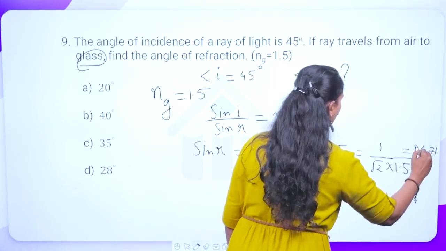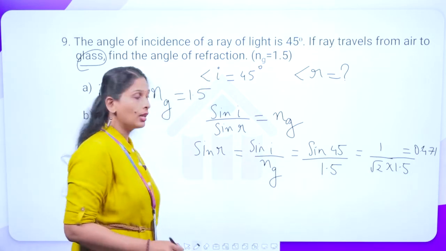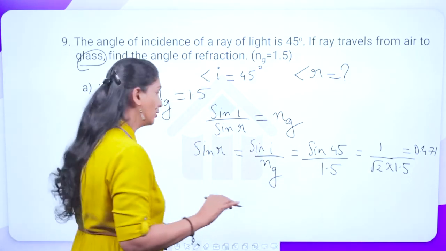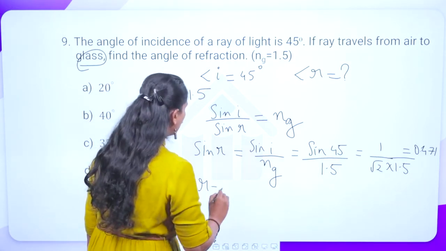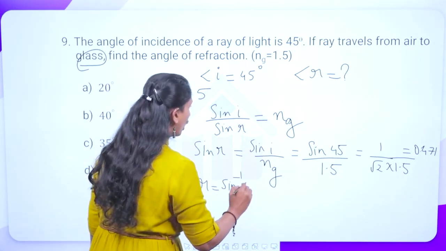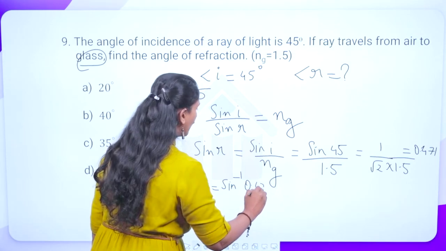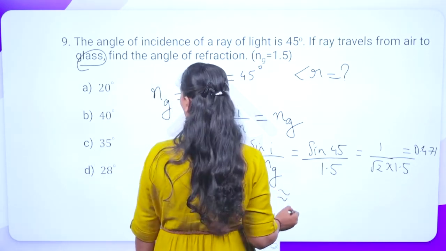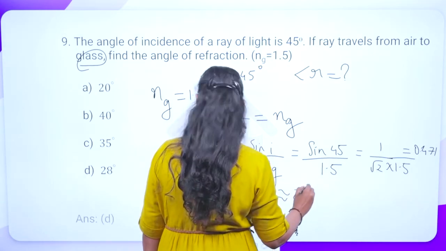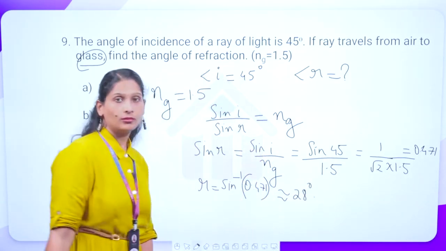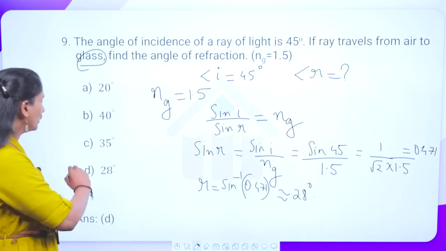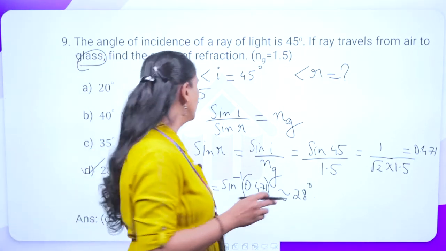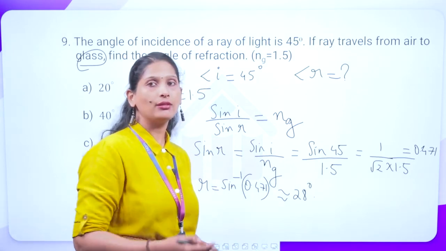So that will be the value you are getting. And that is sine R, and you want R, the angle of refraction, right? So that will be sine inverse of 0.471. So that will be approximately around 28 degree. That was a random value. For your numericals, it will be standard values. Because the sine value will be like sine 30, sine 45, etc.